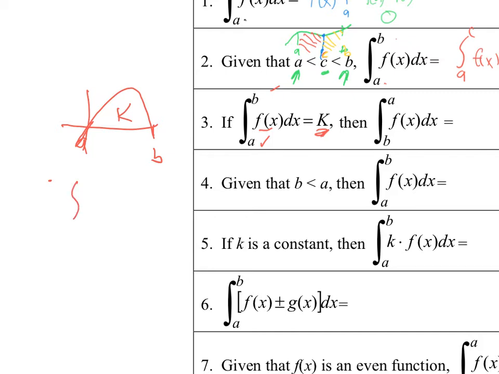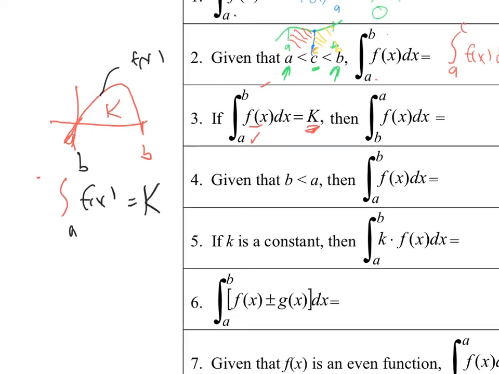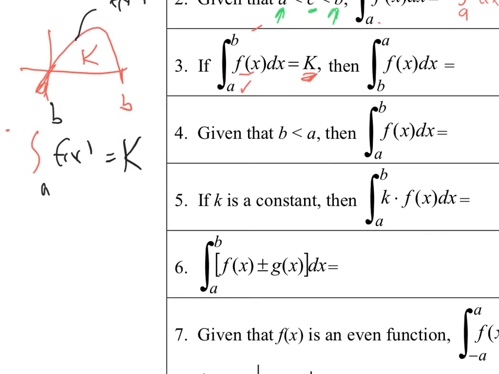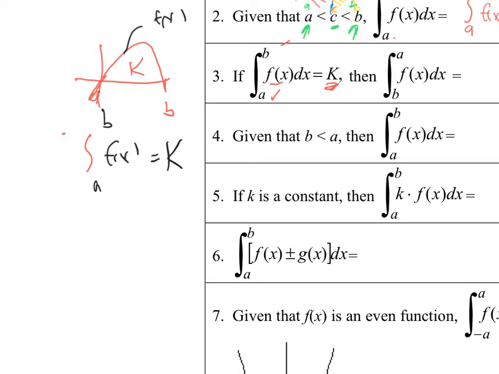I better label this as f of x. We've already integrated f of x from A to B, and we got the answer of K. If that's true, now look at my limits. A is typically to the left of B. That's how we integrate from left to right.